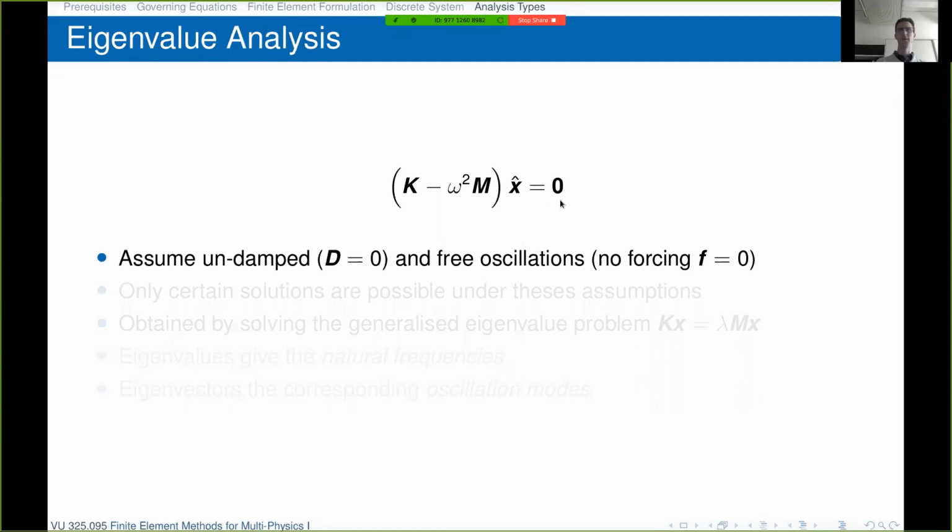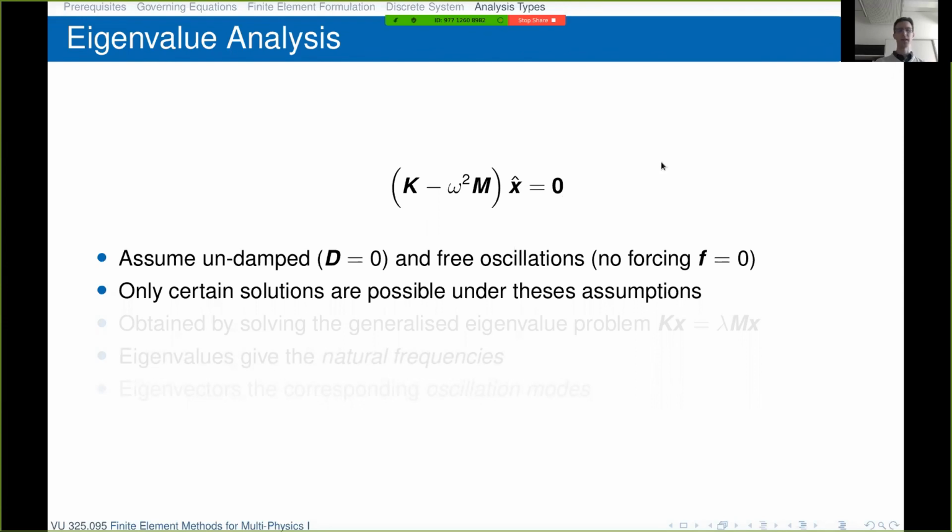That's what is meant by free. So we set the forcing vector on the right hand side to 0, and what we see is we obtain an eigenvalue problem, and solving this eigenvalue problem only gives us the admissible solutions for these assumptions of undamped free oscillation.